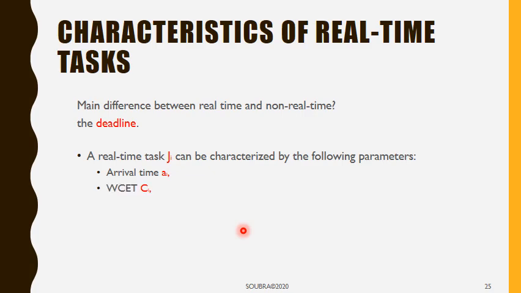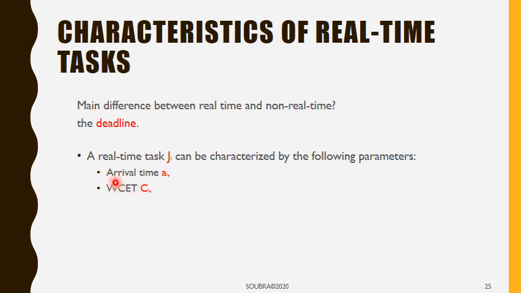Something new here: worst case execution time, denoted Ci, also known as execution time. It is the needed time units for a task to complete its execution.